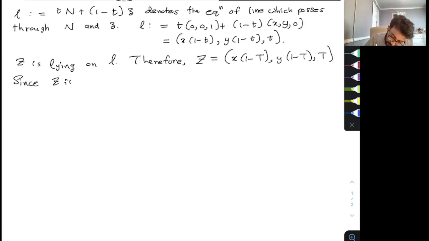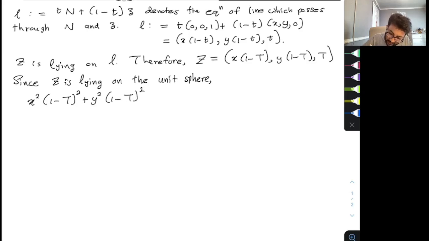Since capital Z is lying on the unit sphere, it satisfies the equation of the unit sphere. Therefore I can have x squared (1 minus T) squared plus y squared (1 minus T) squared plus T squared equals 1. Right.